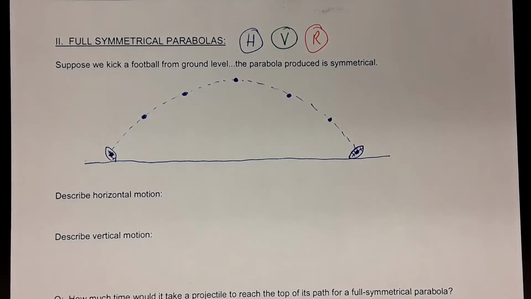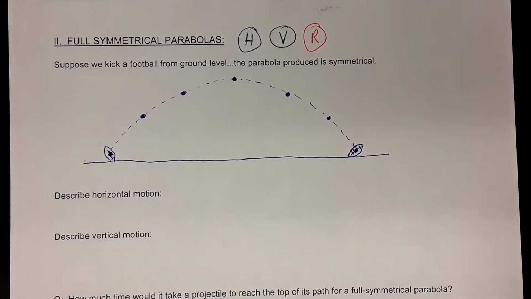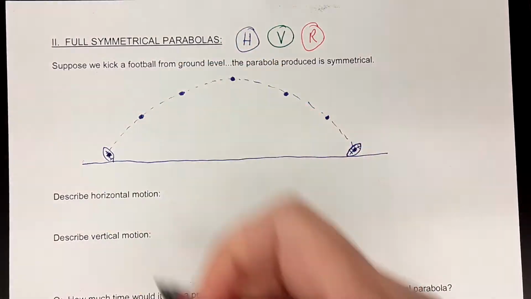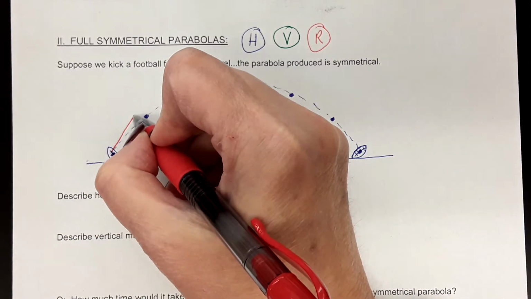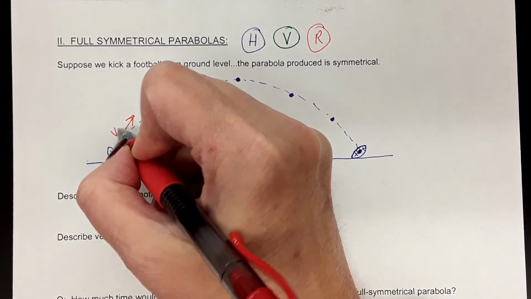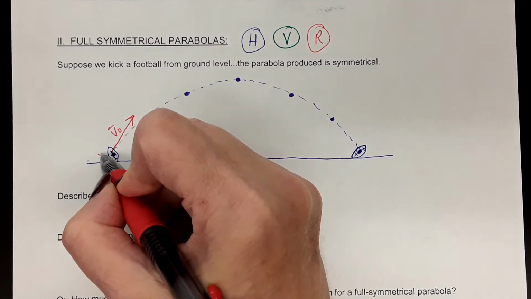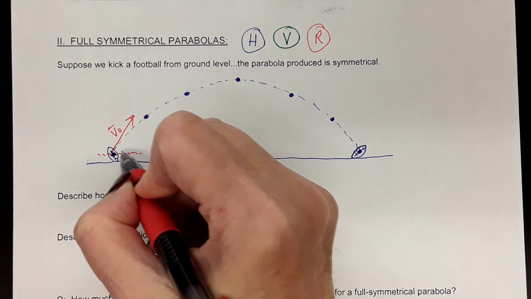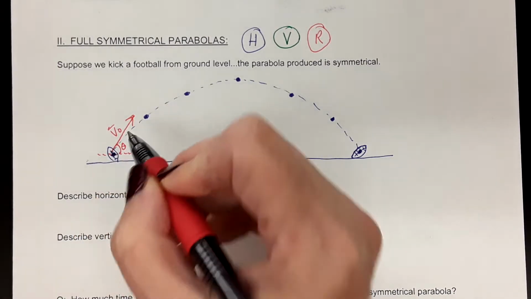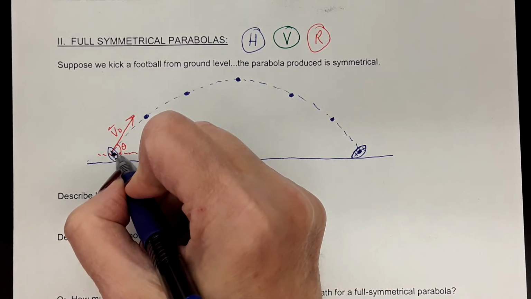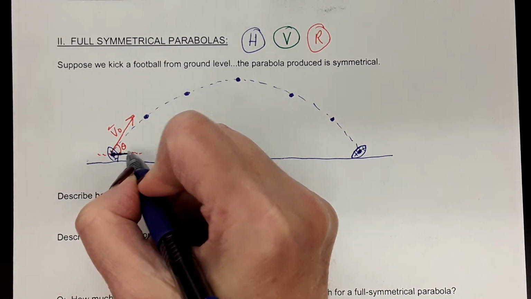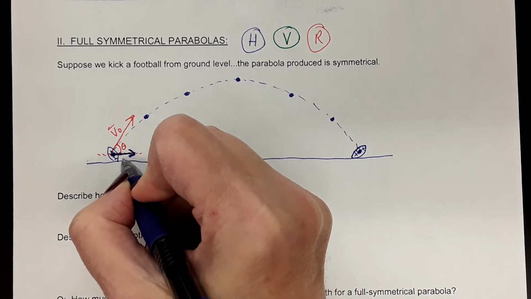Okay? Now, let's start with the fact that when the ball leaves the kicker's foot, it has an initial velocity. That initial velocity has two components. The initial velocity is at some angle theta, and if we break that initial velocity into two components, one component is horizontal.